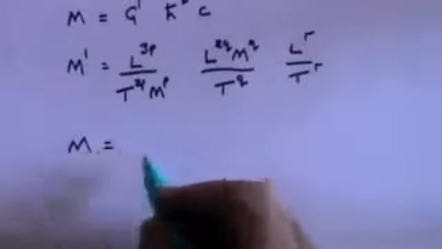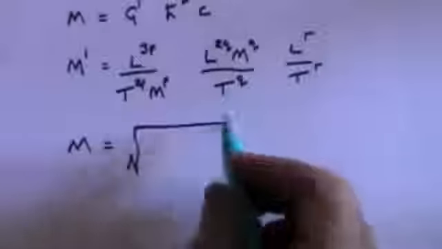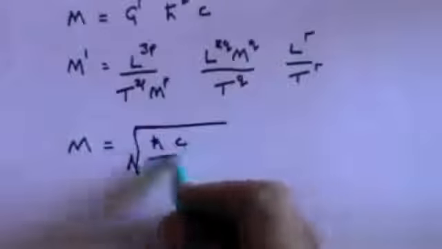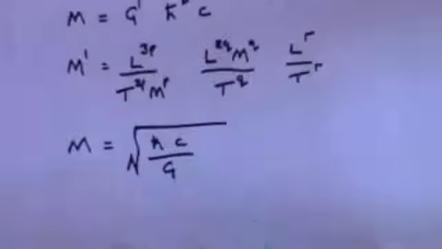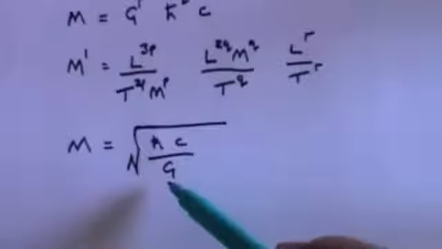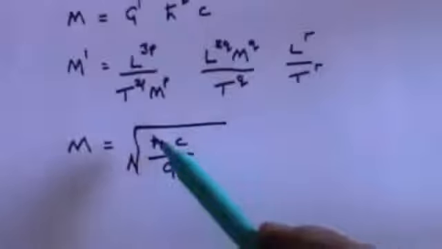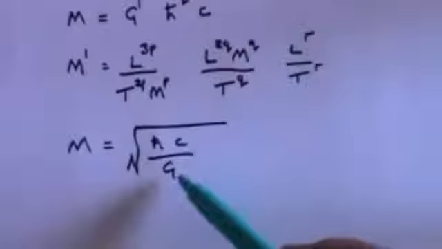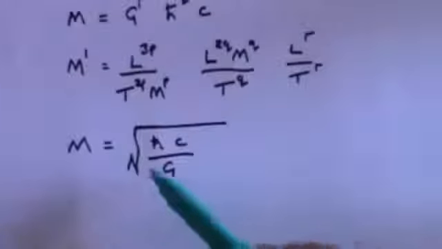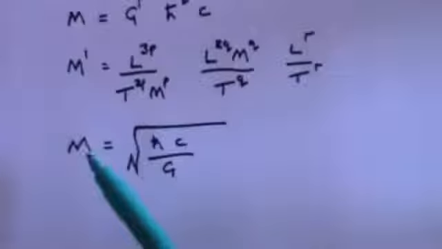So if you do that, what you find is that m becomes equal to the square root of h bar c over G. If you look at the dimensions of h bar, c and G, and multiply and divide the dimensions in this way and take the square root, you will get a unit of mass.